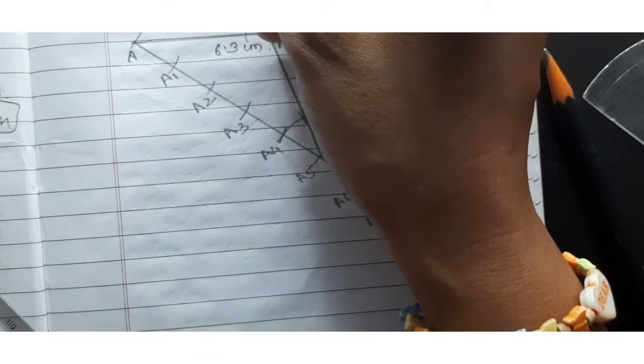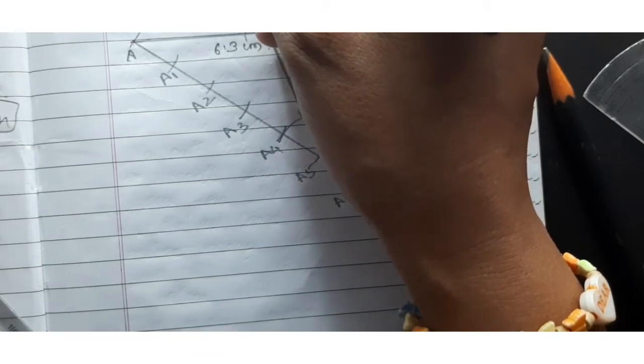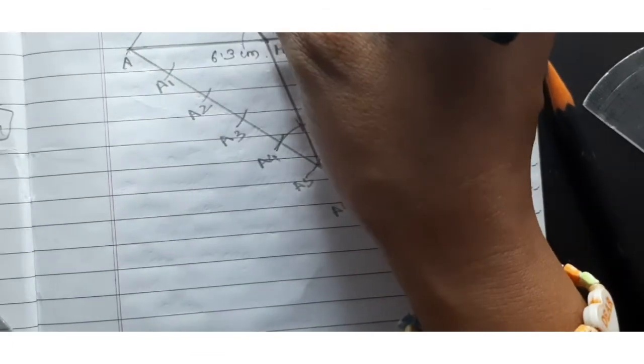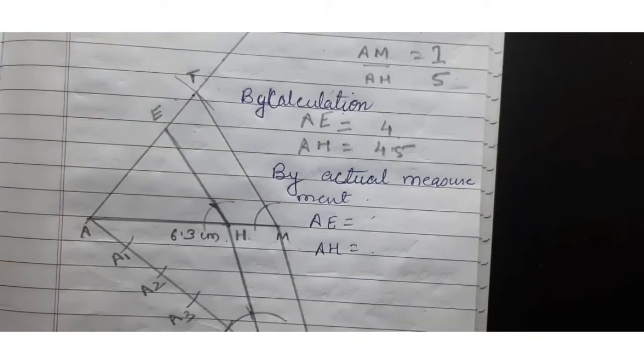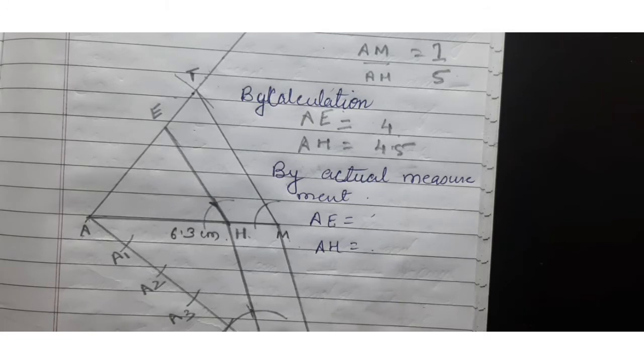Now it will meet at ray AT. So wherever it is meeting, that will be my point E. So somewhat this kind of figure you're going to get.